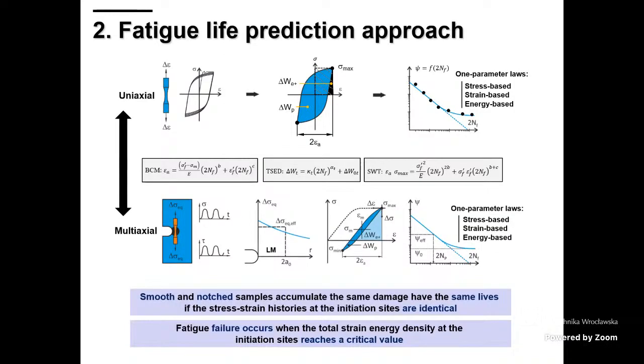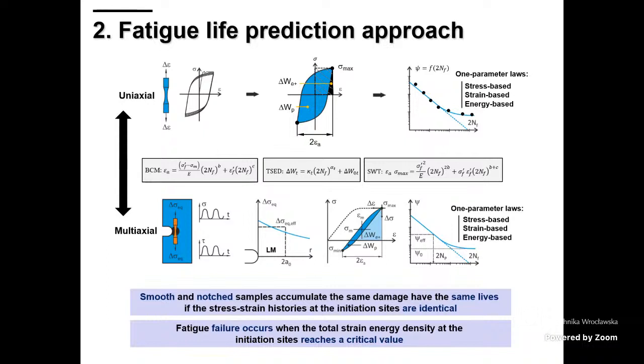We rely on the idea that the multi-axial stress state can be reduced into an equivalent uniaxial stress state. In this way, we basically need to compute a relationship between the fatigue damage and the number of cycles to failure. We can do that using a simple one-parameter damage law, for example, written in terms of stresses, strains, or energy quantities.